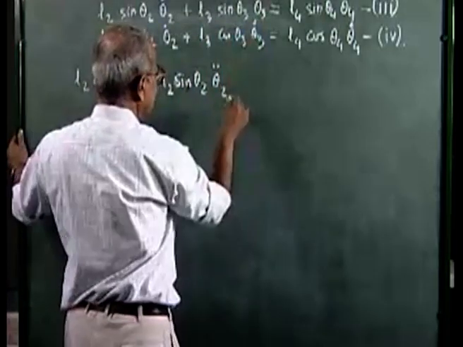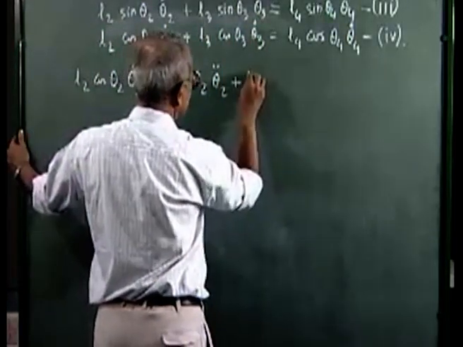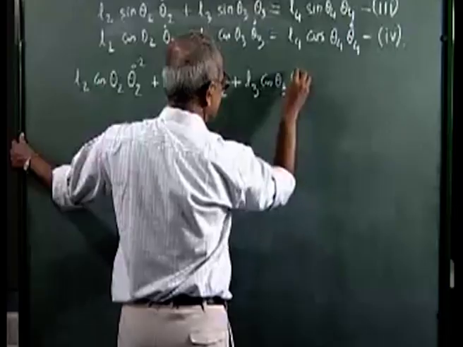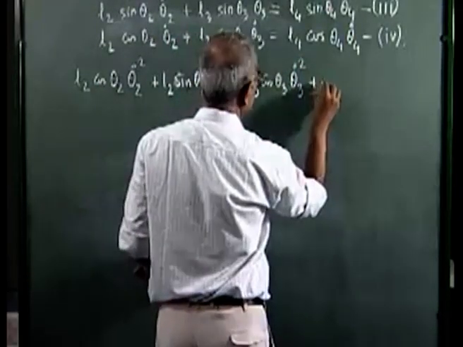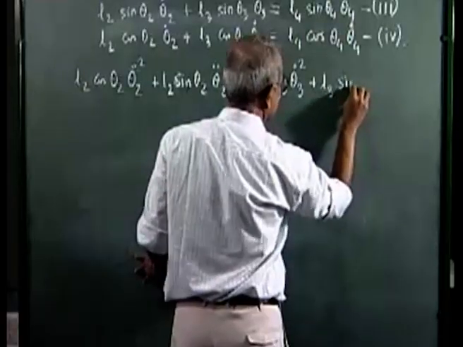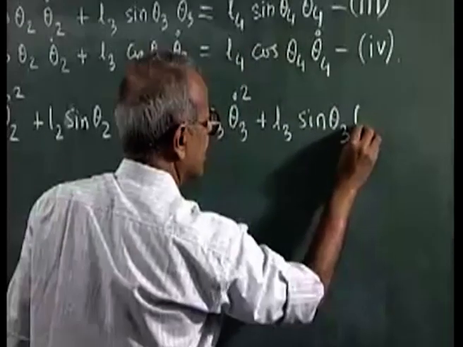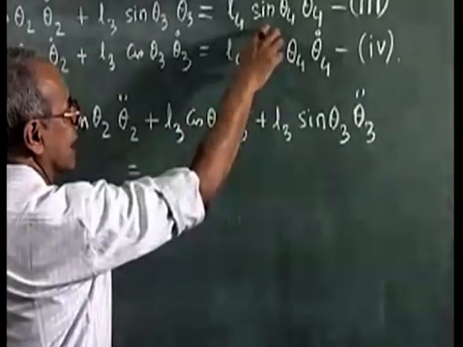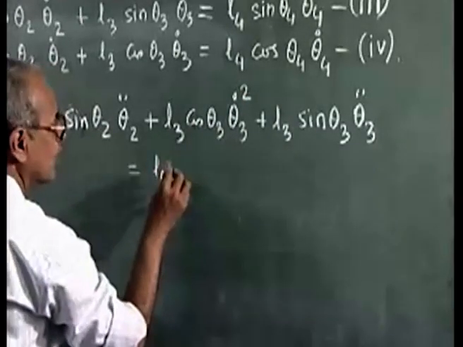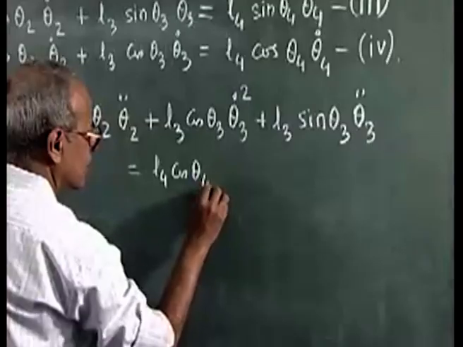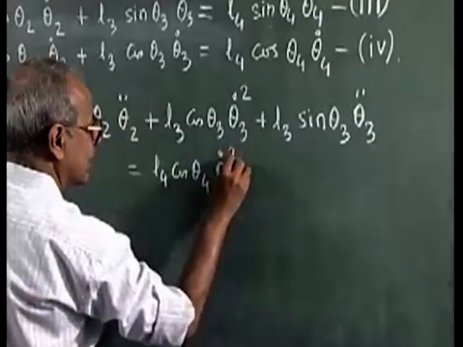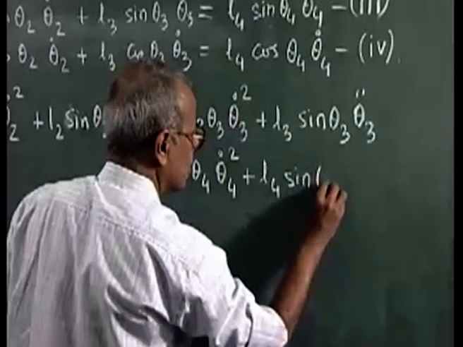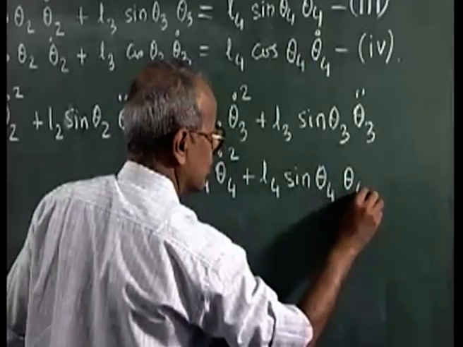Similarly, differentiating this term with respect to time, I get two more terms, namely L3 cosine theta 3 dot squared plus L3 sine theta 3 double dot, and that is equal to, again differentiating the right hand side, L4 cosine theta 4 dot squared plus L4 sine theta 4 double dot.